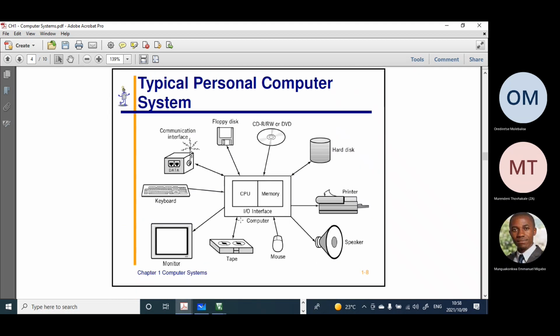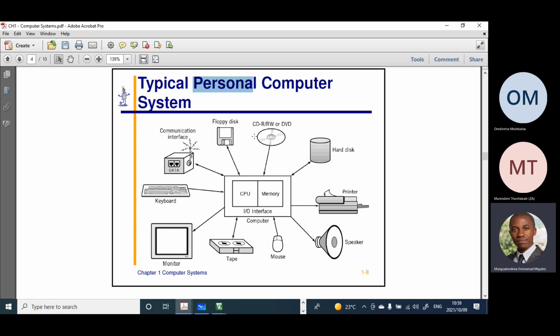Now, what are the typical personal computer systems? Well, a typical personal computer system, this is more personal, as the keyword says. This is more old style because nowadays we have different setups, but you would at least have a CPU with memory and I/O interface.